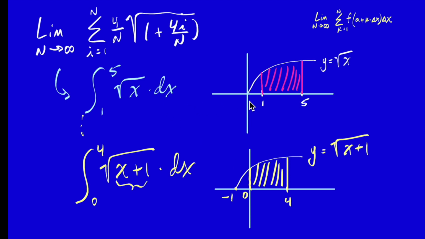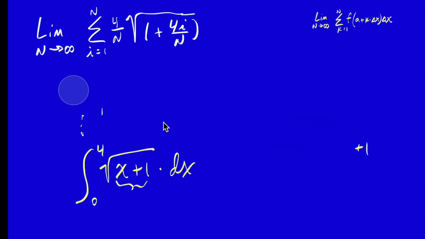Recall that if a function is positive and continuous, we are able to say that the definite integral represents the area under the curve. That is not true if a portion of the graph is negative.